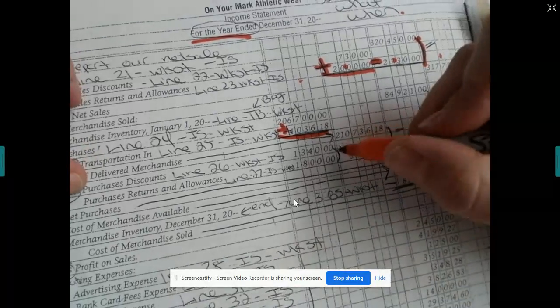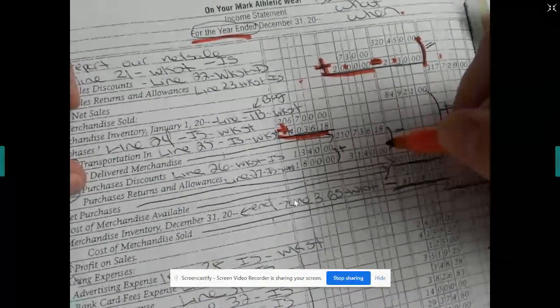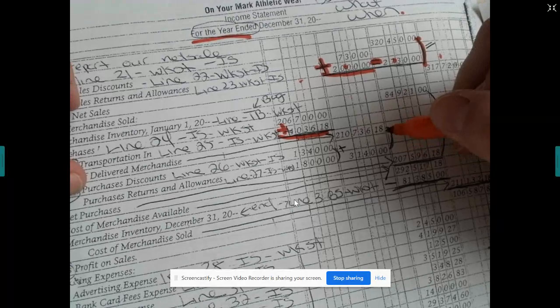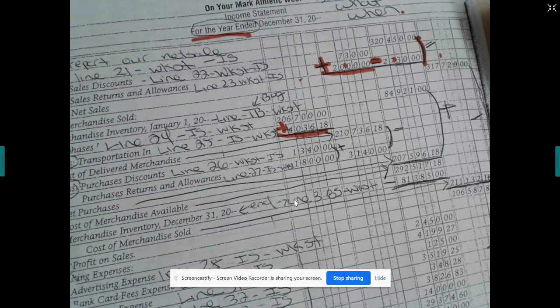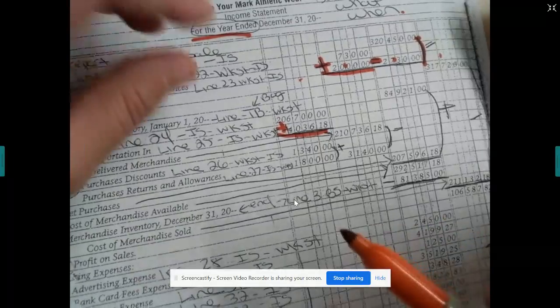Then, of course, we might get discounts, which is great because that will essentially allow us to give the customer more of a discount, or if we have returns, we don't want to account for that in our merchandise because we don't have it anymore. But if we do get discounts, we can either pass that along to the customer, or not, and then just make more of a profit if we want to.